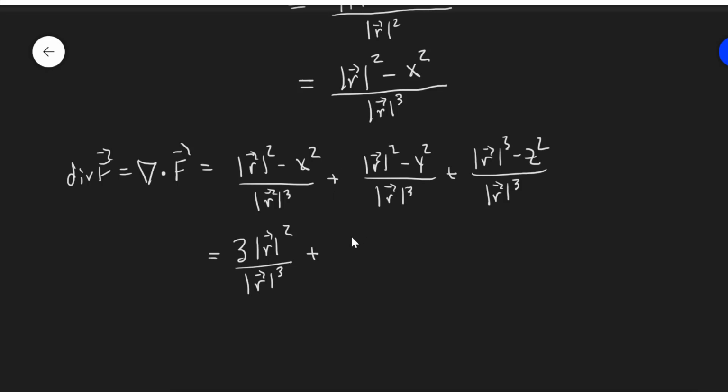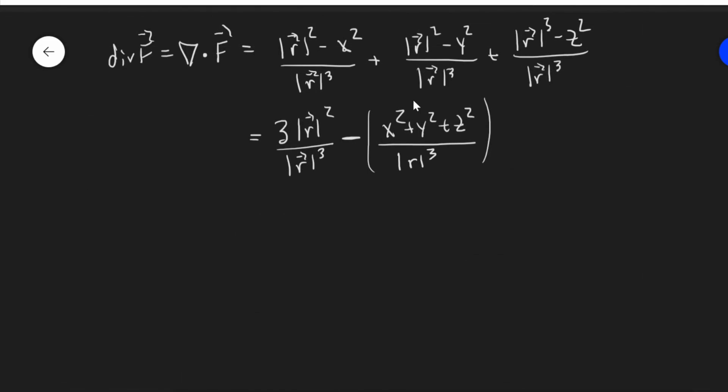Actually maybe I'll say minus, I'll distribute this negative out. Notice how there's a negative on each one of these, so I'll say minus, looks like we have x squared plus y squared plus z squared all over magnitude r cubed, in parentheses just to be super clear.